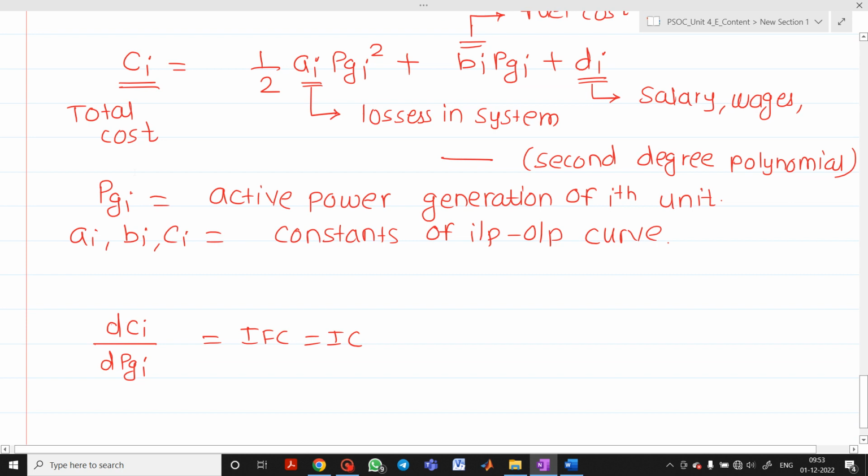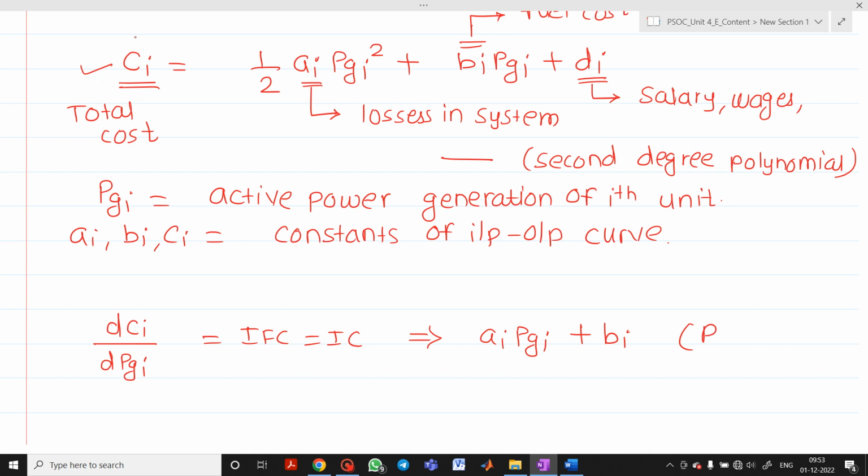If you take the derivative of this expression, you will get Ai into PGI, because these two will get cancelled, plus Bi, and the unit for this is rupees per megawatt hour.